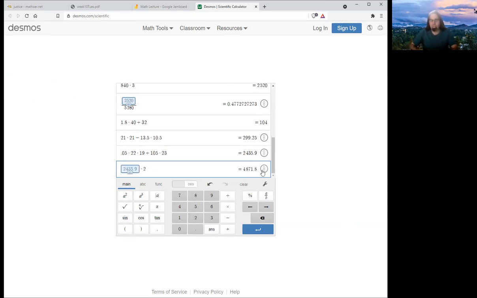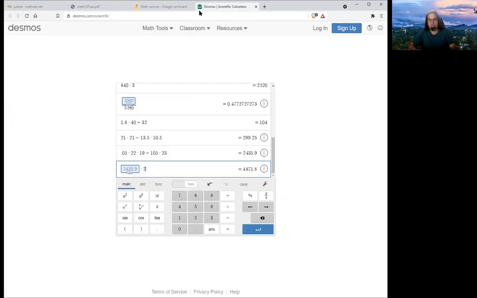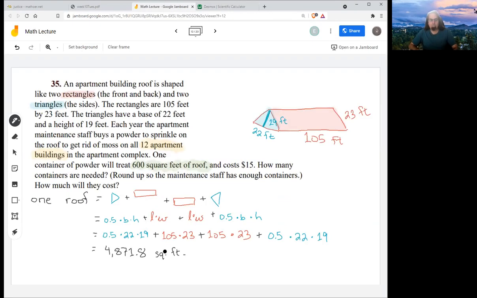Okay, 4,871.8. So that's each of the roofs.